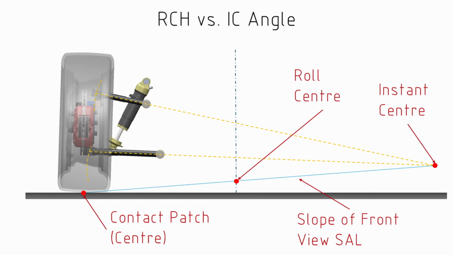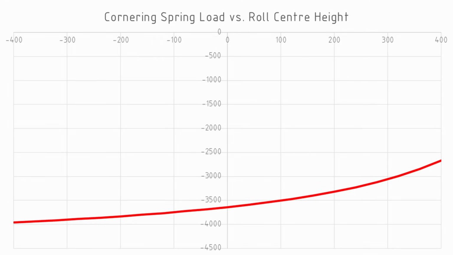Now to define this instantaneous center, we just take a line through the upper wishbone, a line through the lower wishbone, connect those to a point. That point then joins to the center of the tire contact patch. And if we look at this graph, we can see the spring load versus a change in roll center height. This is done just in that cornering case.